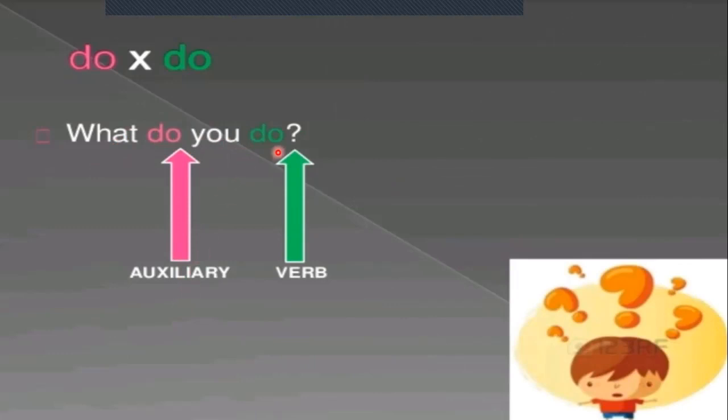But do in green here, we use it as a main verb. And also here we use do because the subject here is you. What do you do? ماذا أنت تفعل.